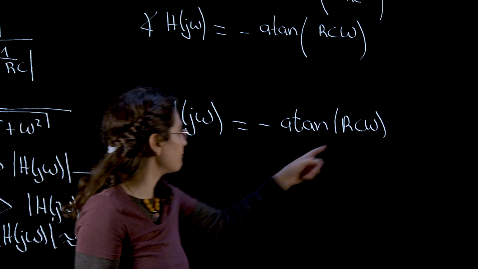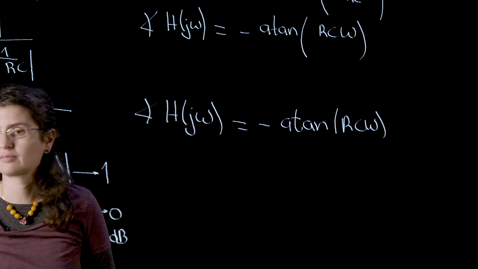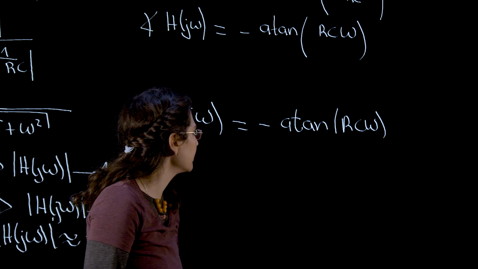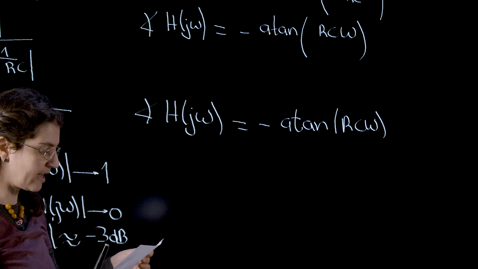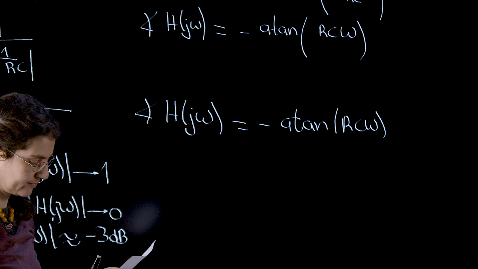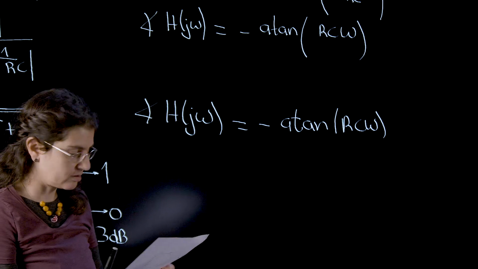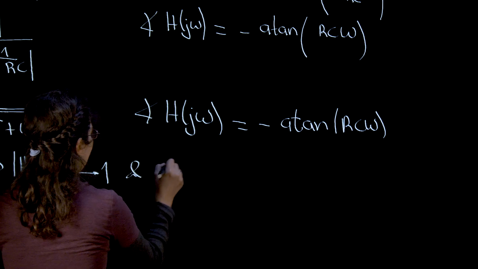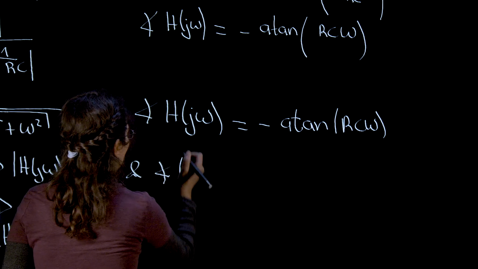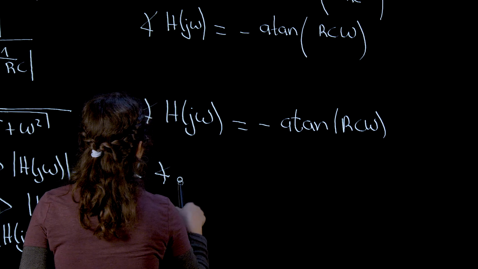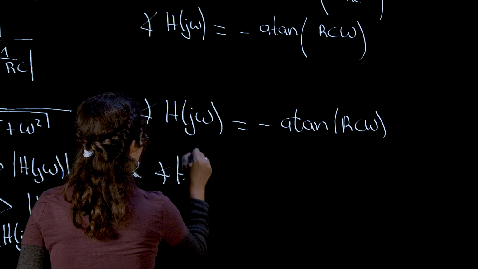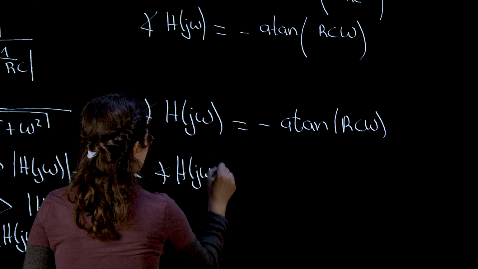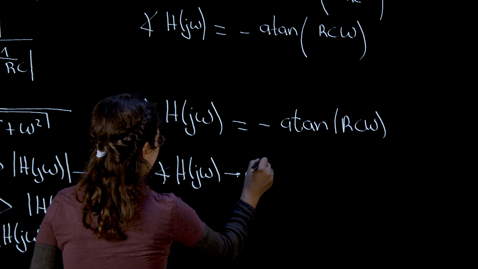For frequencies that are very, very small, I have 0 here. So I have minus inverse tangent of 0, which is 0. So the phase of my transfer function tends to 0.